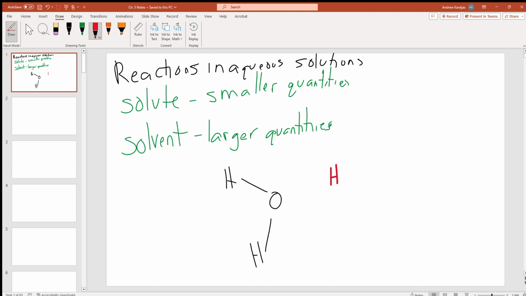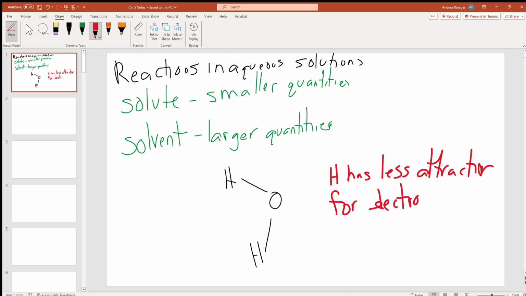But most importantly for today, hydrogen has less attraction for electrons than oxygen.